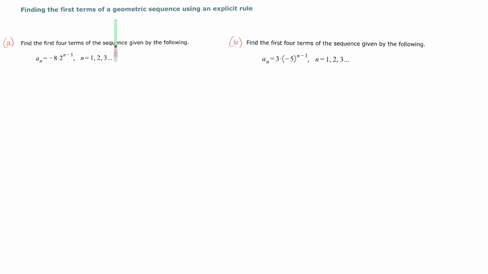Finding the first terms of a geometric sequence using an explicit rule. Well, if you wanted to, you could write the general form for a geometric sequence, starting with n equals 1, 2, 3, and so on.